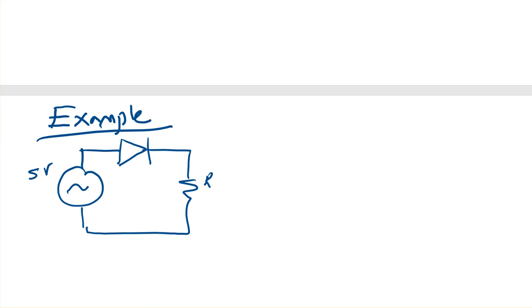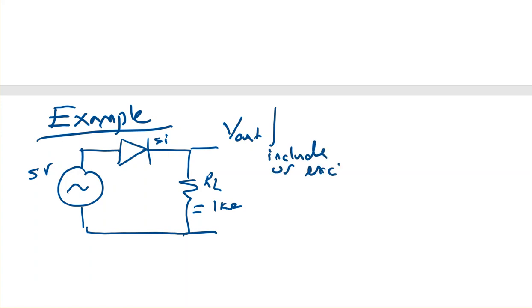So RL is equal to 1 kilo ohm, and assume that this is a silicon diode, and we would like to solve the problem by calculating what will be the output voltage, in case we include or exclude the threshold of the diode.